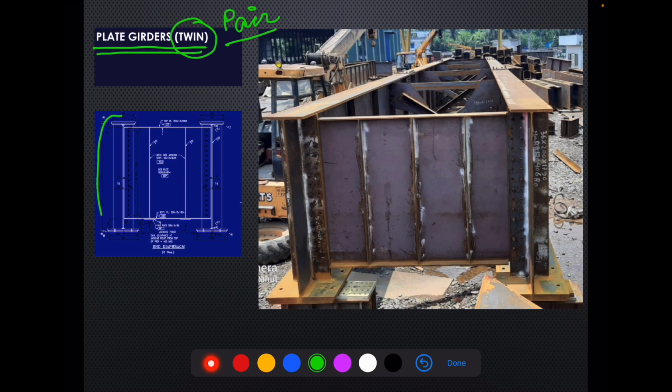We have already seen this is one plate girder, this is one plate girder, and at the end it is connected with the help of an end diaphragm, and in the middle portion they are connected with cross frames.